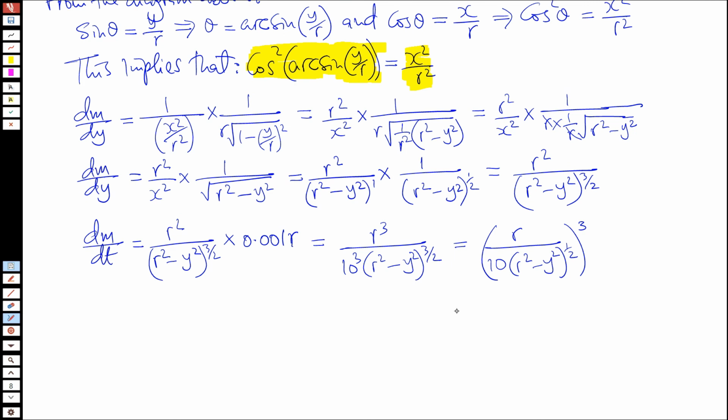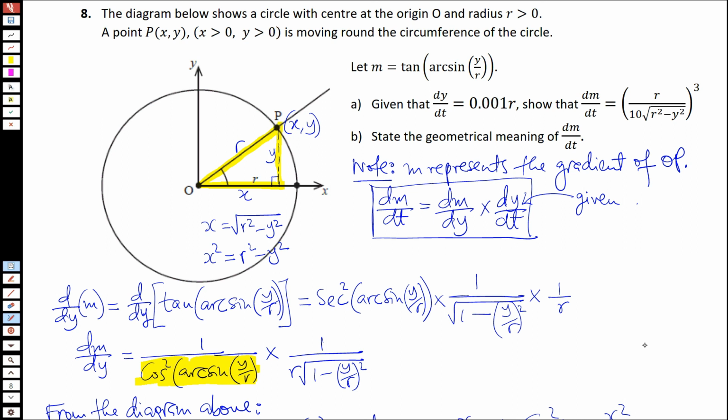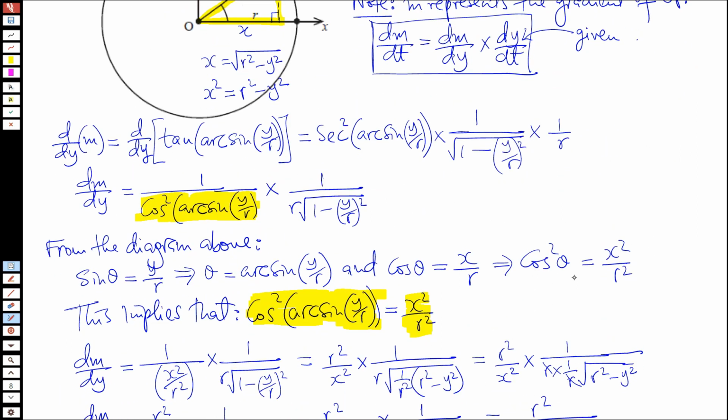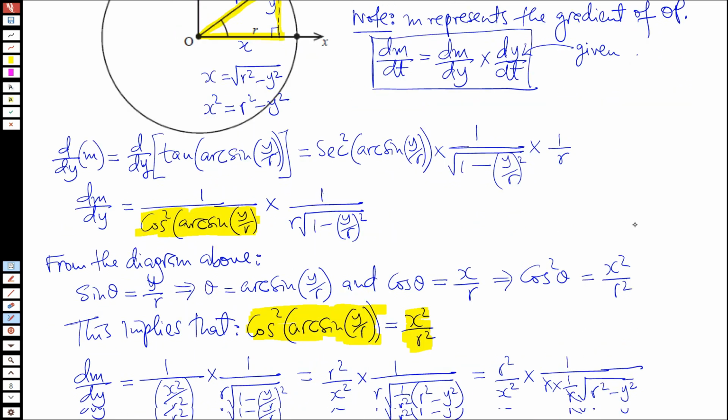This can be rewritten as r over 10 into the square root of r squared minus y squared, all to power 3, because that's the same as power a half, all to power 3. And I believe that is what is required of us in this question. So that's how to work out part A of this question.